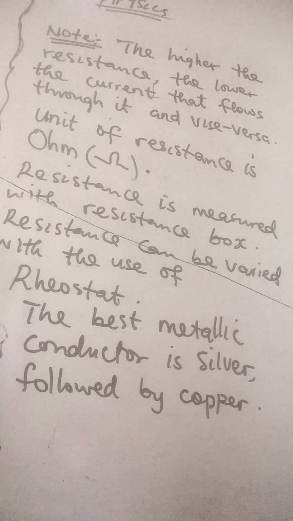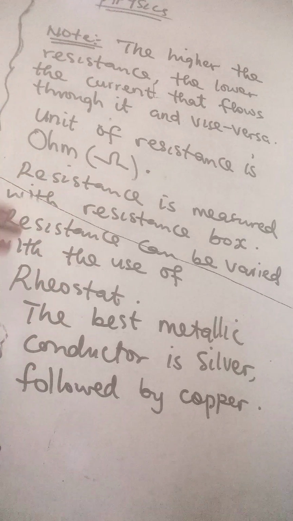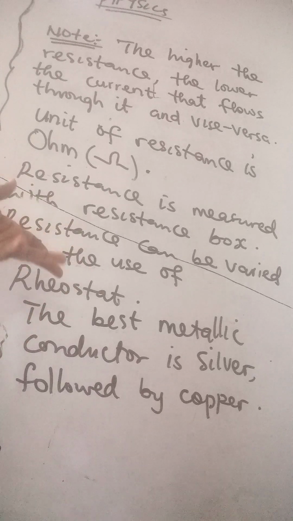When we get to the calculation aspect, which is going to be part 3, we will be mentioning ohms. Now, we use resistance boxes of different types to measure resistance in a circuit. However, this resistance also can be varied.